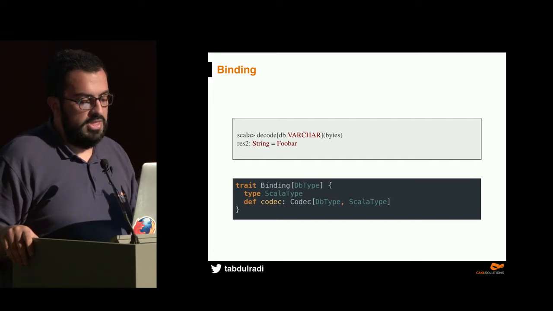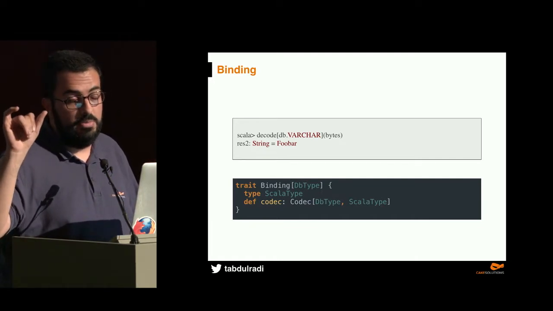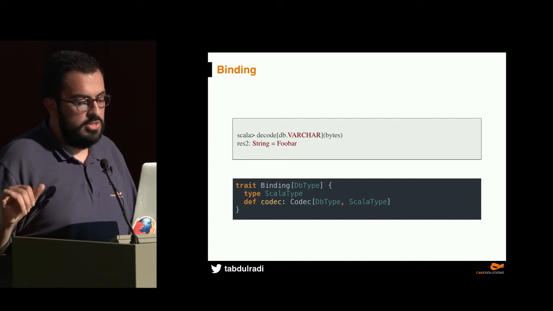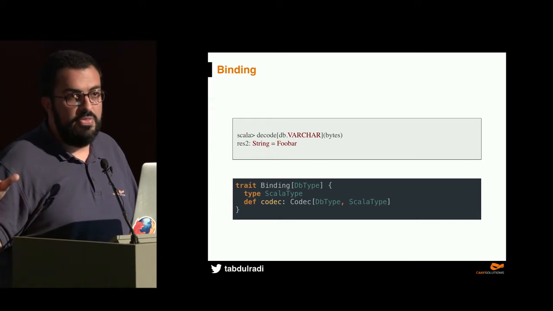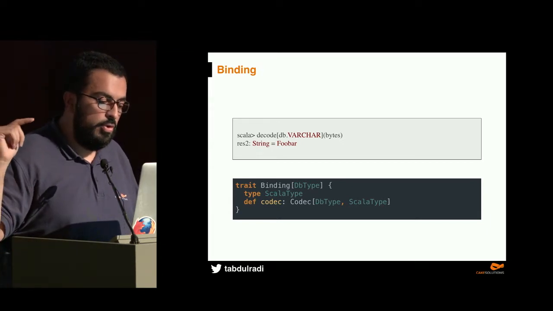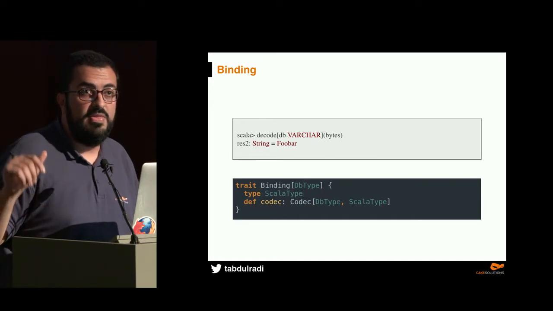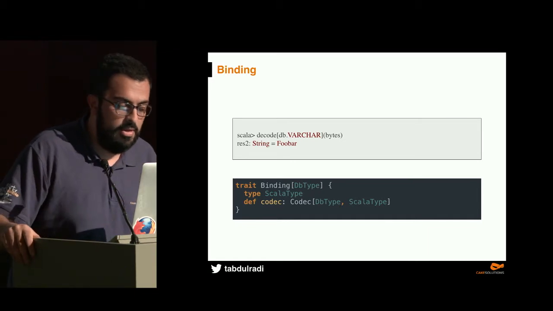The input of this function, what you want the user or the developer to write to tell the compiler, should be on the parameter list. So the developer here needs to provide the DB type. This is the parameter list. Whatever is in the body, this is what the compiler figures out and tells you back. So I want the compiler to figure out the Scala type. This is in the body. I want the compiler to figure out the codec. That's the body. All right?